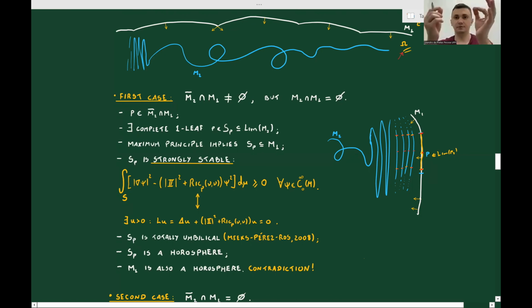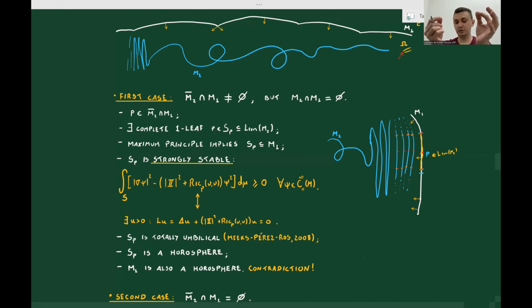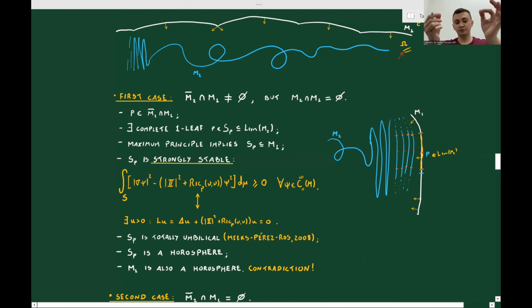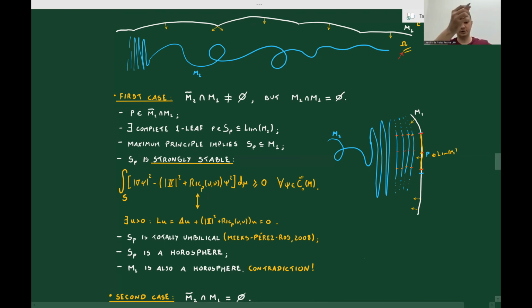So I can plug in the limit set a disk, which is a one surface locally, and since the boundary of this disk is also in the limit set, I can also put another disk, and I can build this one surface in a complete way.